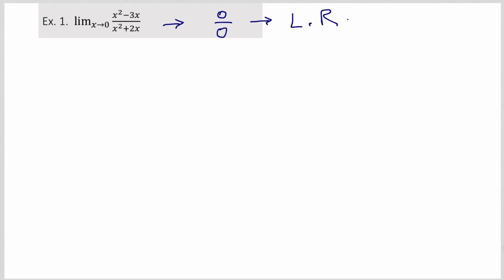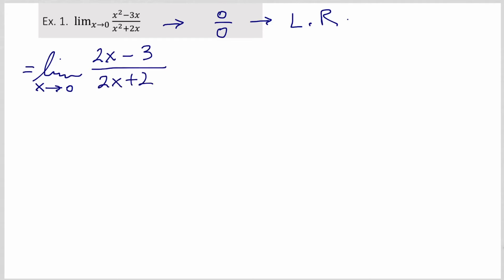That says that this limit is equal to the limit as x approaches 0 of the ratio of the first derivatives. The first derivative of the numerator is 2x minus 3. The first derivative of the denominator is 2x plus 2.